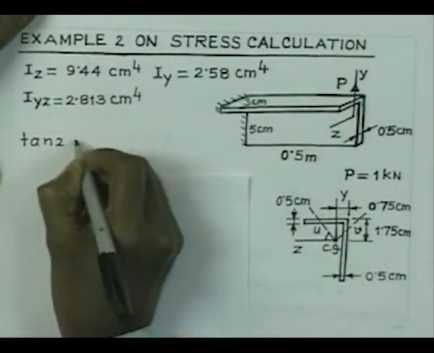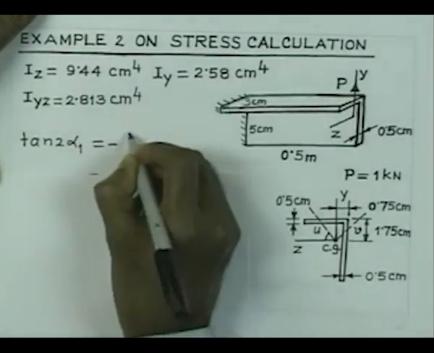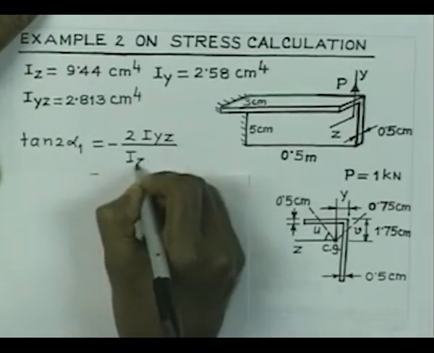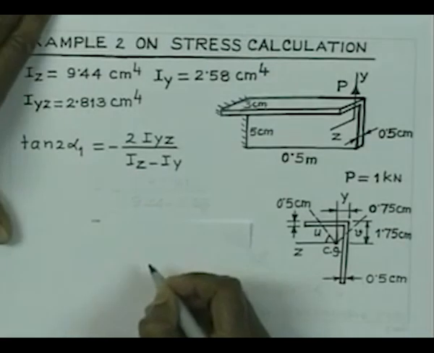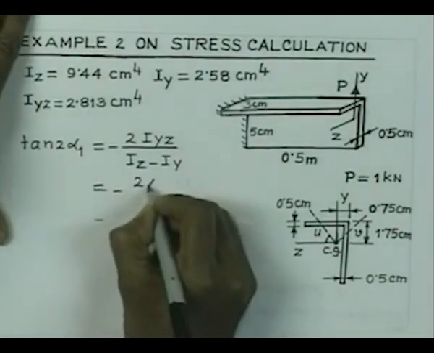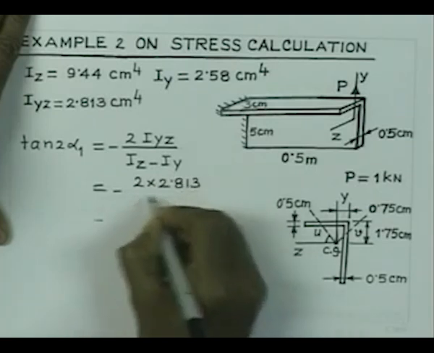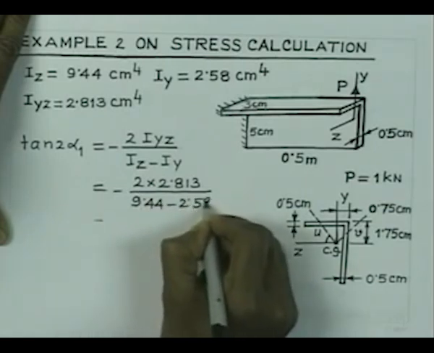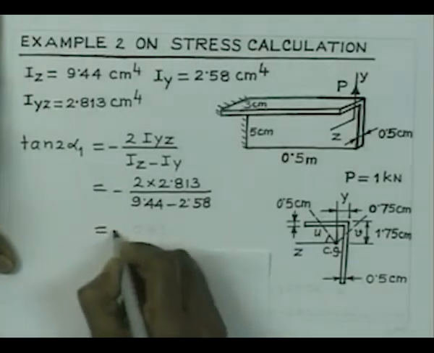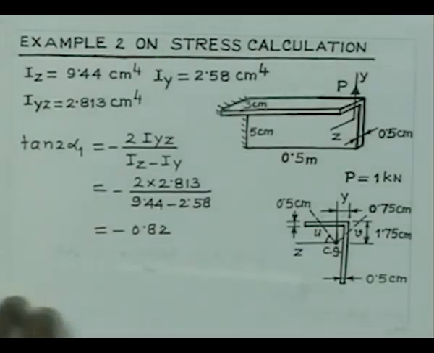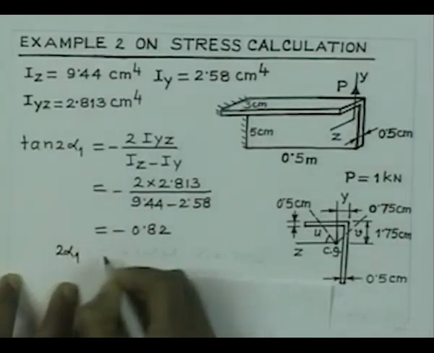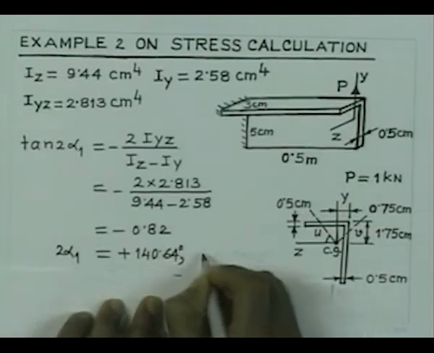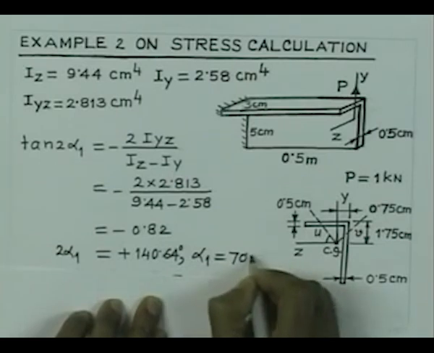So, tan 2 alpha 1 is equal to minus twice Iyz by Iz minus Iy, and this gives you minus 2 times 2.813 divided by 9.44 minus 2.58, and this gives us a value of minus 0.82, which means that 2 alpha 1 is equal to 140.64 degrees, and therefore, alpha 1 is equal to 70.32 degrees.